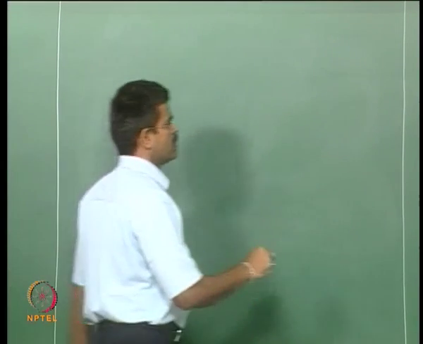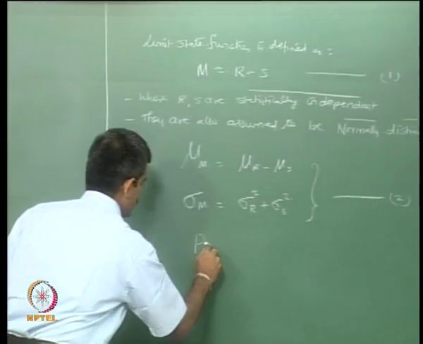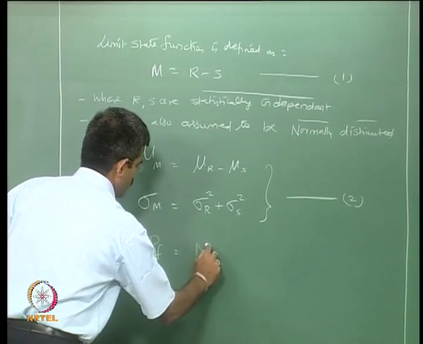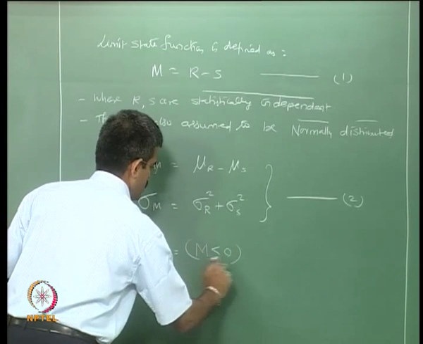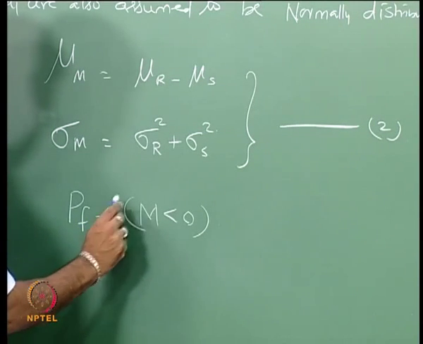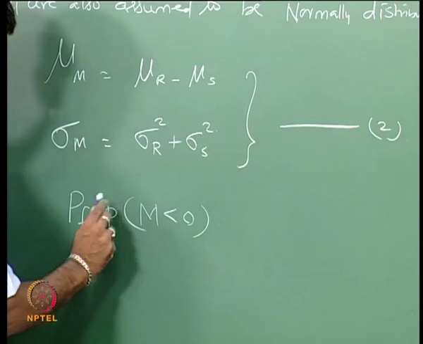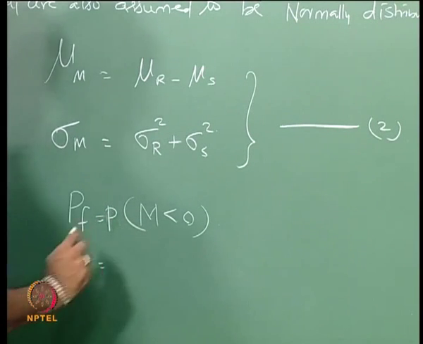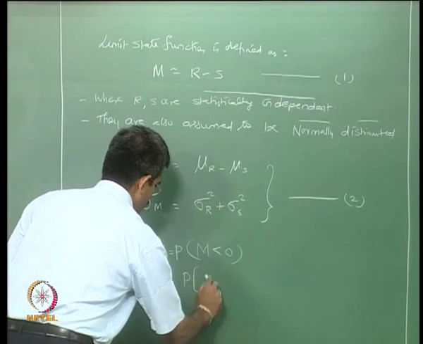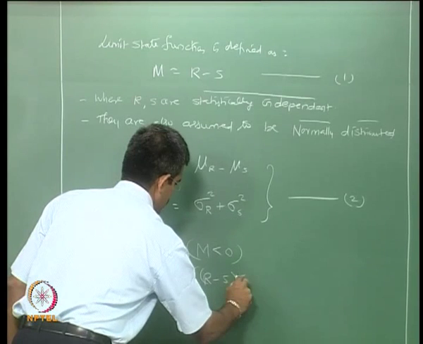Therefore, the probability of failure is the probability of M less than 0, that is R is lesser than S, which we can otherwise say is the probability of R minus S less than 0.